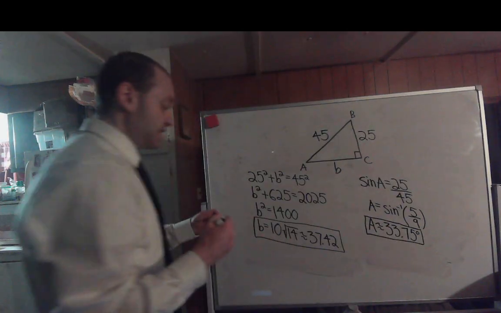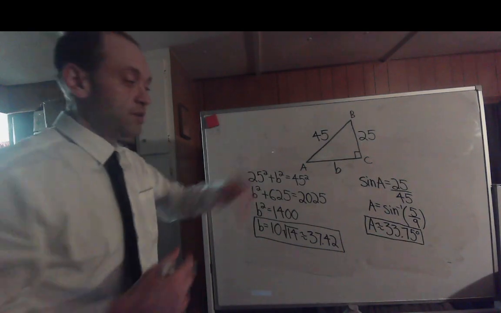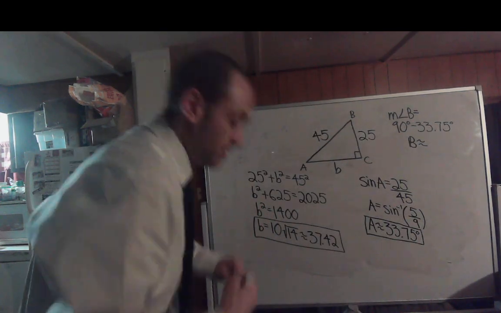For the angle, let's see, you get about 33.75 degrees. So you get that angle A is approximately equal to 33.75 degrees. And then finding angle B is going to be easy. Just subtract that 33.75 from 90. That's going to equal 90 degrees minus 33.75 degrees, which means angle B will also be an approximation.